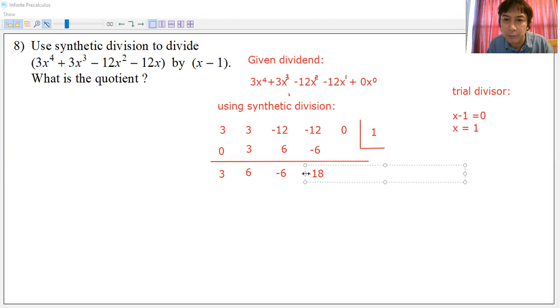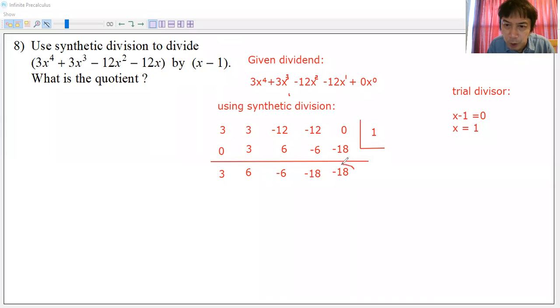Negative 18, and then this will be our final product. Negative 18 times 1 is another negative 18 to be written below the 0. So it will be over here, negative 18. All right, and so that's it. Get the final sum. 0 plus negative 18, the negative 18 becoming our remainder. This is our remainder.